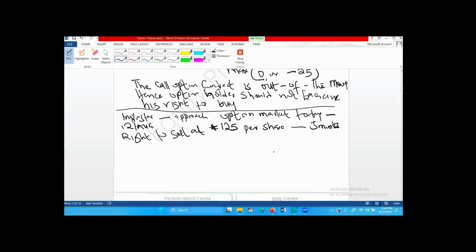That will take us to December. This price you obtain today is called the exercise price. The price at which you are planning to sell your shares in December is called the exercise price.